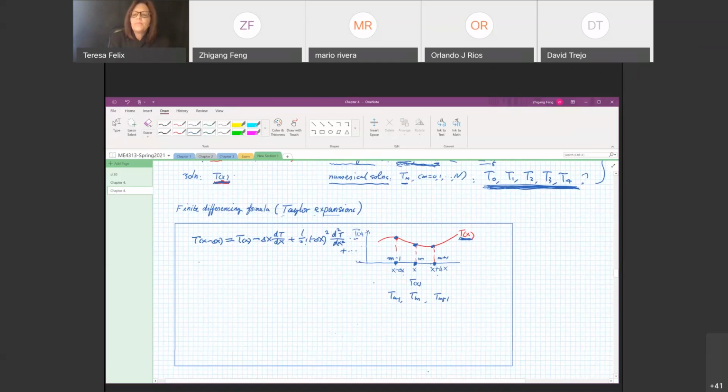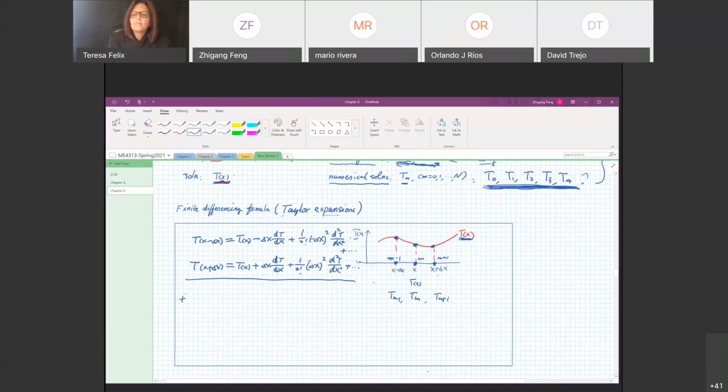Otherwise, check your calculus textbook. At x plus delta x, we do exactly the same, but just change minus delta x to plus delta x. We have T(x plus delta x) equal to T at x, plus delta x dT over dx, plus 1 over 2 factorial delta x squared times the second order derivative of T, plus higher order terms. So now we have those 2 equations. Now let's add these 2 equations.